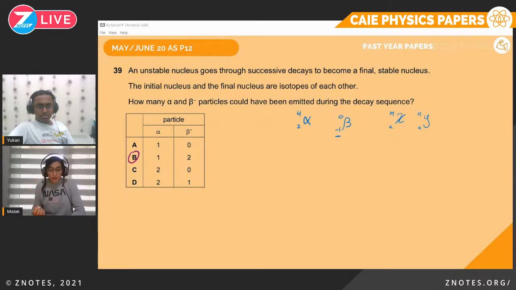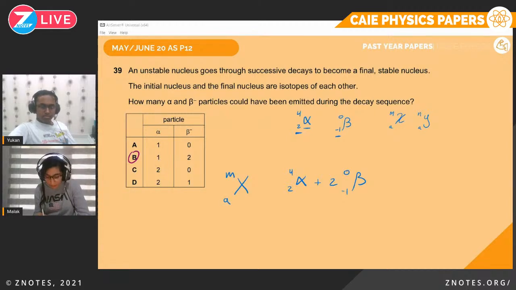So for them to be isotopes, we would need the atomic number to be the same. So if we lose 2 from the alpha decay, we would need to gain 2 from the beta decay. So we would need 1 alpha decay plus 2 beta decays, right? So let's say, for example, we have particle X with mass M and atomic number A. It undergoes this decay.